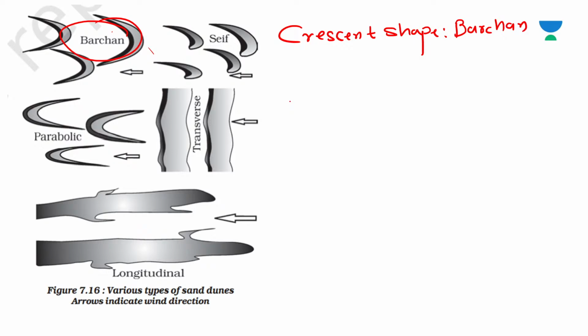Then parabolic dunes form when sandy surfaces are partially covered with vegetation.